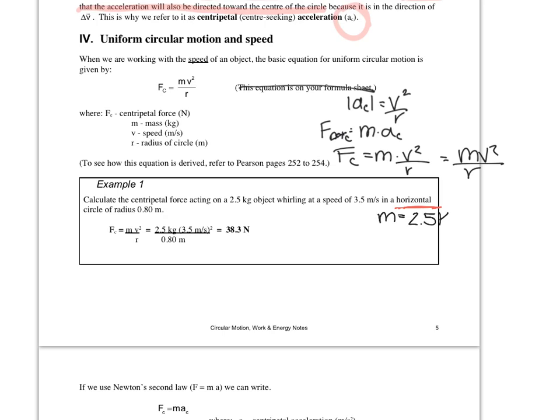With forces, we usually included a lot of our information in our free body diagram, but now we do want to make sure we have all of our variables. This time we were looking for FC, so we can quickly use that formula we just derived, plugging in all of our information, and we get 38.3 newtons, which we should actually round to 38 newtons.